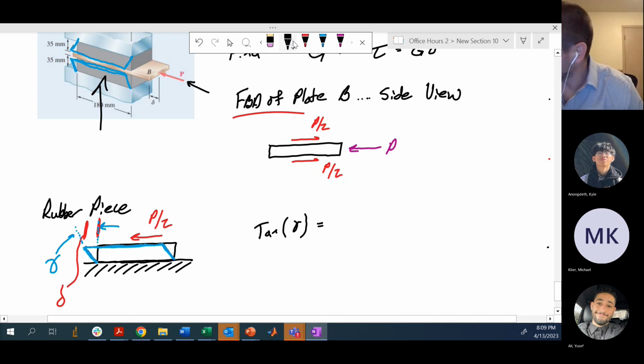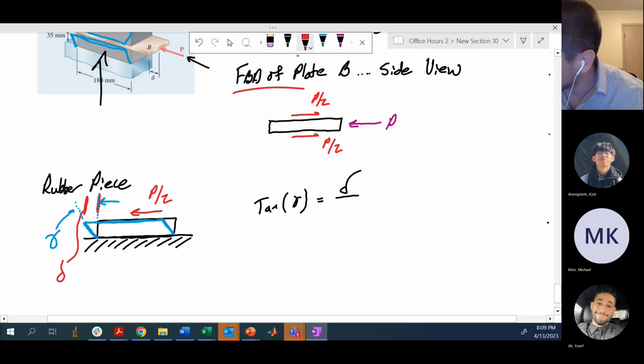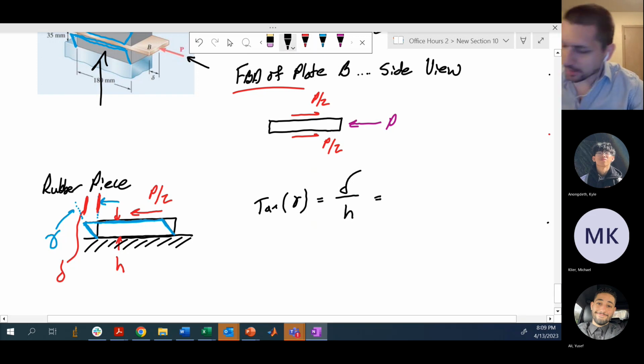So this is going to look something like delta over the original height of the piece, where the height in this case is 35 millimeters. So let's call this H, height. All right, we're told that that delta is 3 millimeters.